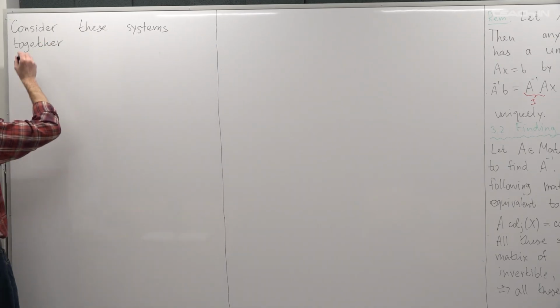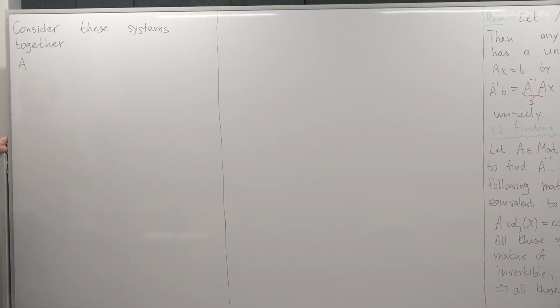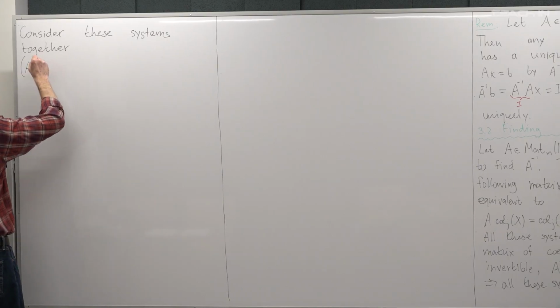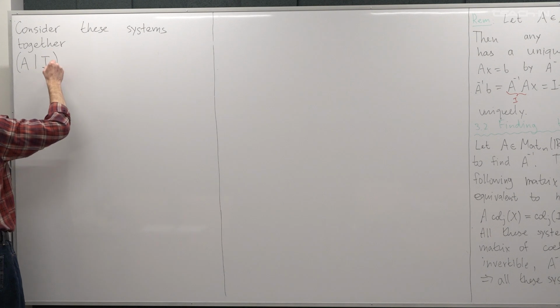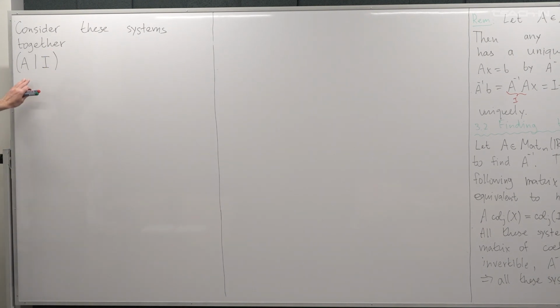Just by writing here the matrix of coefficients and then writing the identity matrix. So here we attach n different columns of the right-hand side.